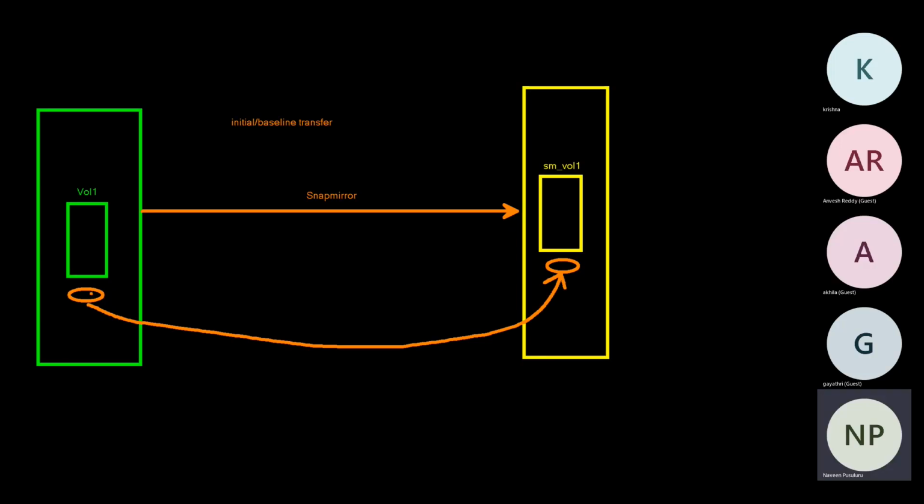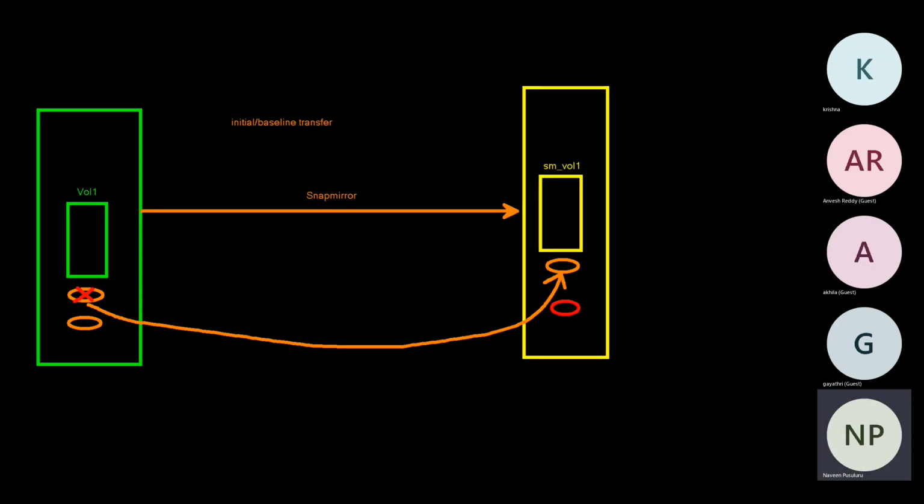Then it will know what data changes happened, so it will copy only those changes from source to destination during the next transfer. It will copy the data changes, create another snapshot, and delete the old snapshot. Once data is copied, it will create another snapshot here as well.